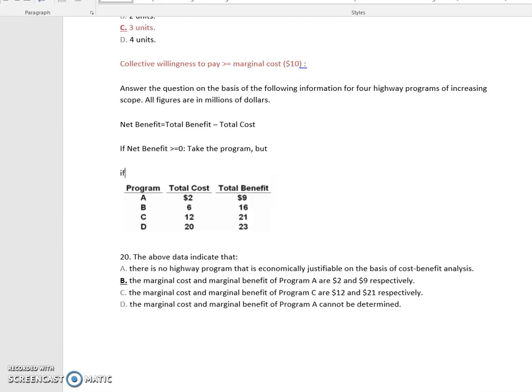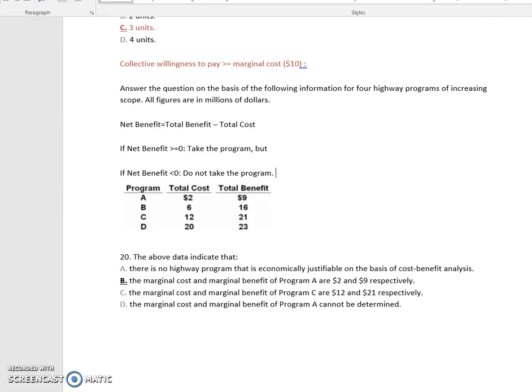But if it is less than 0, do not take the program. So see, that is the thing.